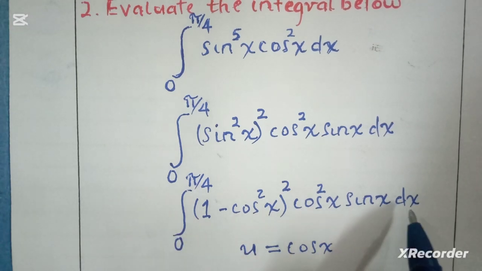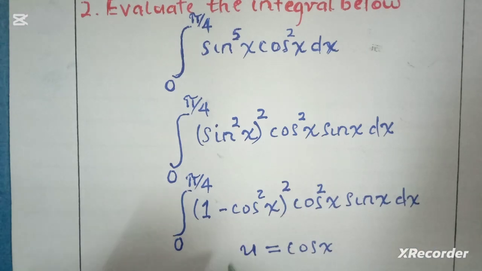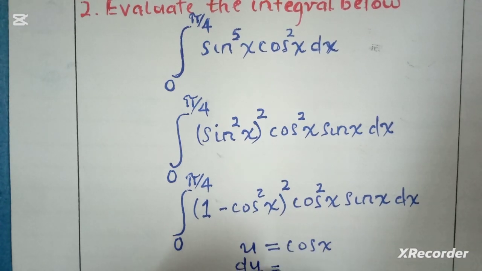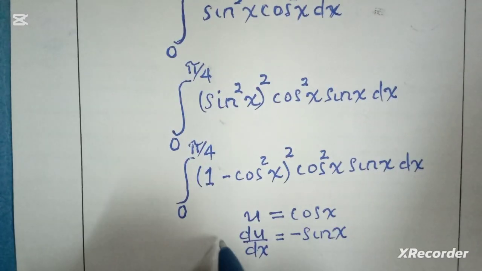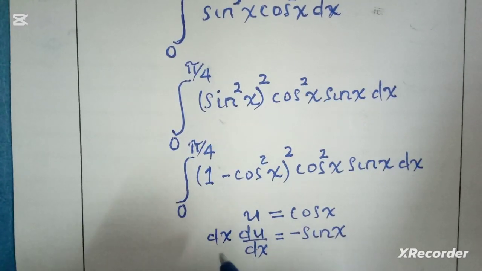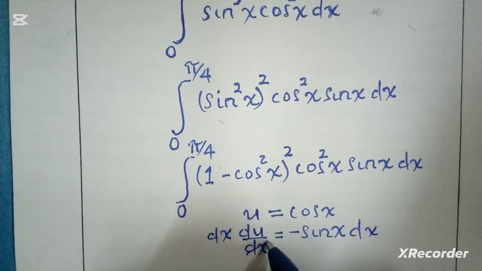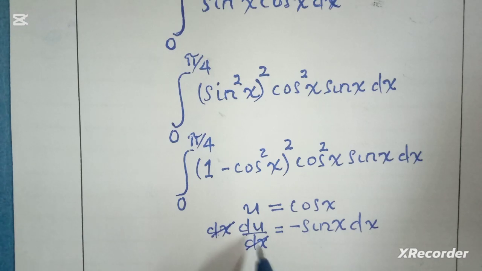So we are also going to replace dx, and this is how we replace dx. We say du over dx is equal to minus sine x. So if we multiply here by dx, guys, we are now able to get du equals that.